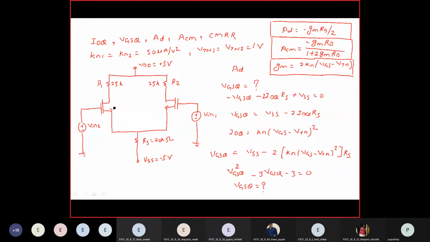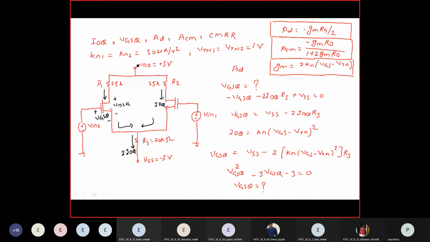This voltage is known as VGSQ. This voltage is VDSQ. And a couple of currents: this current is IDQ flowing here, and this is also IDQ, and these two together come at this point and form two IDQ.